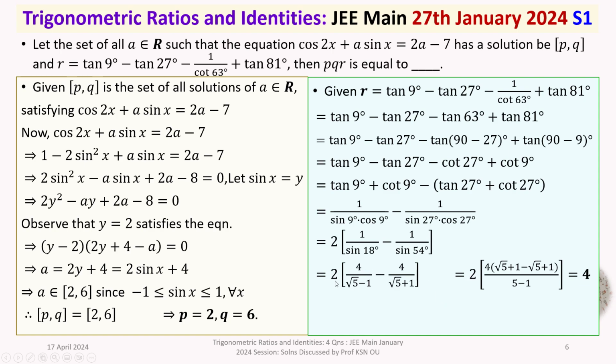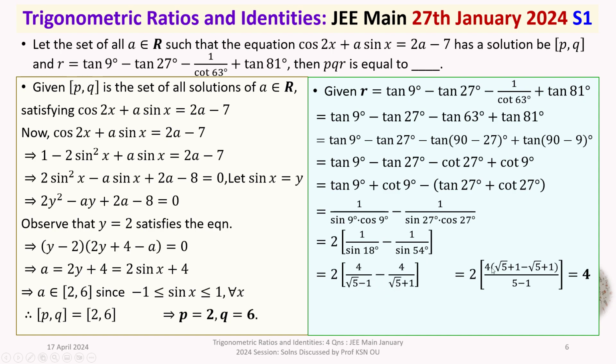So 2 as it is and 4 is taken common, taken the LCM and simplify. We will get root 5 minus 1 into root 5 plus 1. The LCM is 5 minus 1 and 4 is common in the numerator and that will be root 5 plus 1 minus root 5 minus 1.